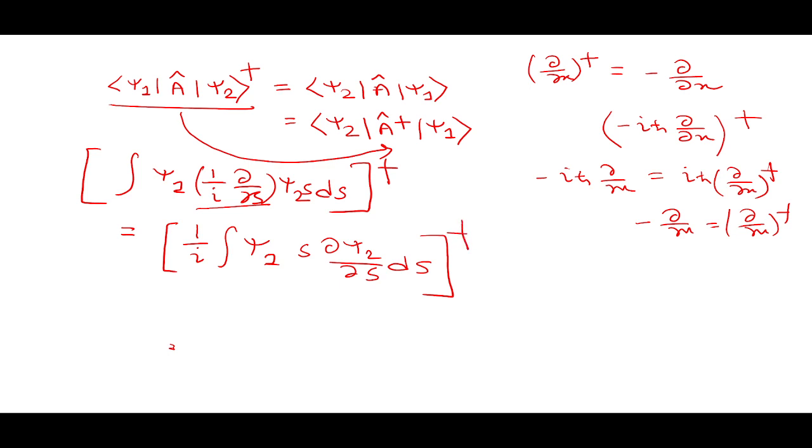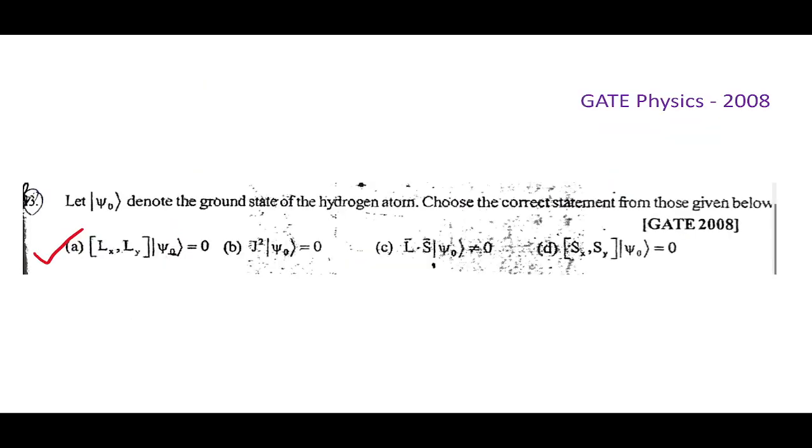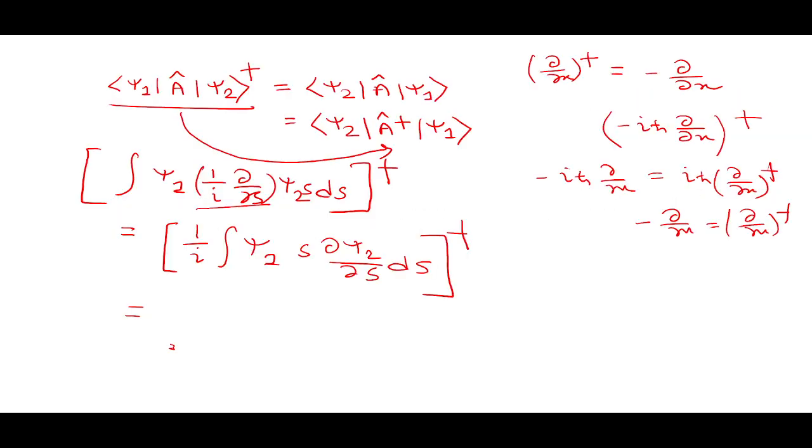If I start from there, what can I do from here? Why can we not directly comment from 1 by I del del s that it's real, so it has to be Hermitian? That's the one thing I understood from what you are saying.